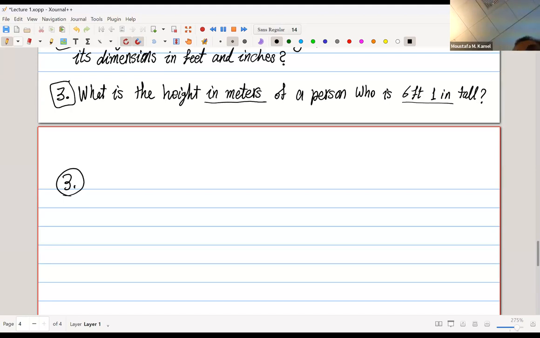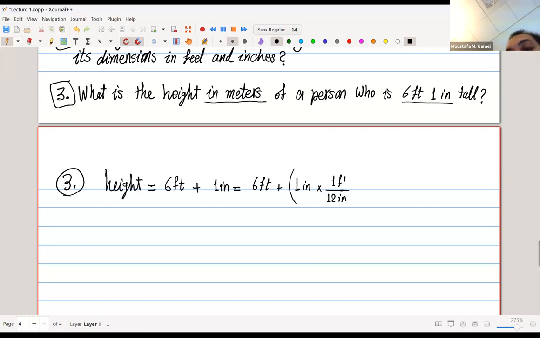So let's convert 1 inch to feet and then add it to the 6 feet we originally had, and then convert all of them. So the height is 6 feet plus 1 inch. So this is 6 feet plus the inch. I will multiply it by a conversion factor, 12 inches in the denominator and 1 foot in the numerator.